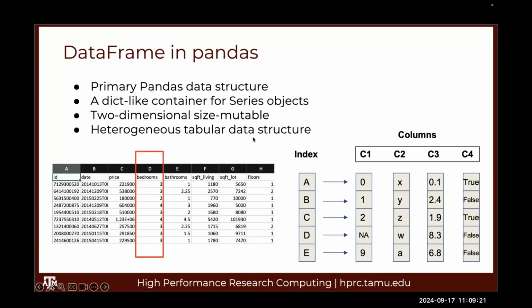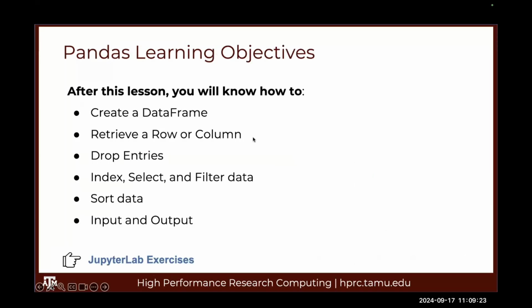So today we're going to learn how to create a data frame, how to retrieve rows and columns from the data frame, dropping entries, selecting, filtering data, sorting data, and input and output, meaning you read the data from a file into a data frame, and you write the data back to a file and save it for future use on your disk.